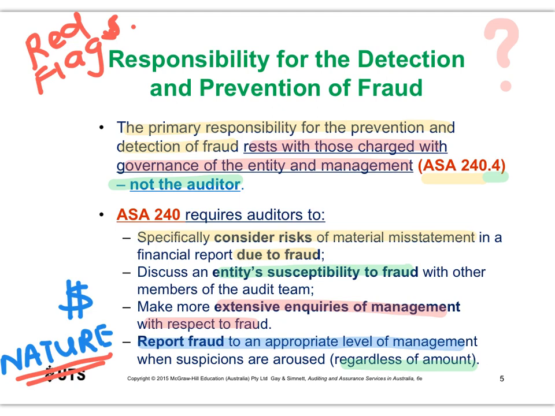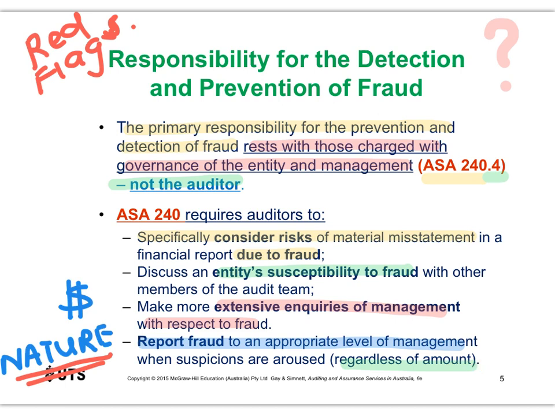If I'm a shareholder of a company and I find out that someone in that company committed fraud, my focus wouldn't be on how much it was, but the fact that they committed fraud. So even if it was for $50, that doesn't matter, it was fraud. So it's significant, it's material because of its nature. And that's why we've got this reference to regardless of amount.